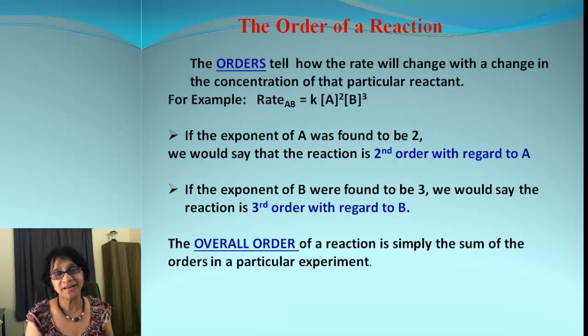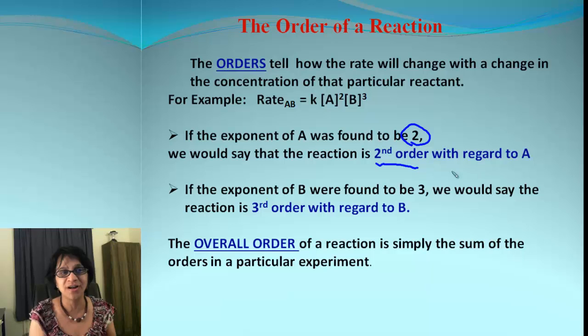So how can we tell the orders of reactions with respect to some chemicals? If the rate for AB is equal to K times [A] squared [B] to the power 3, the exponent for A is 2, and that means with respect to A we have second order.